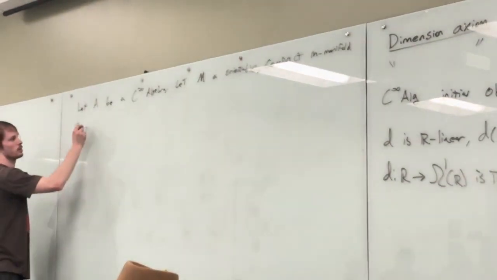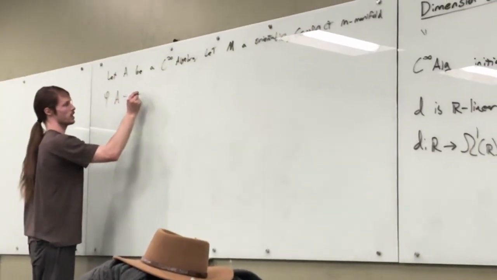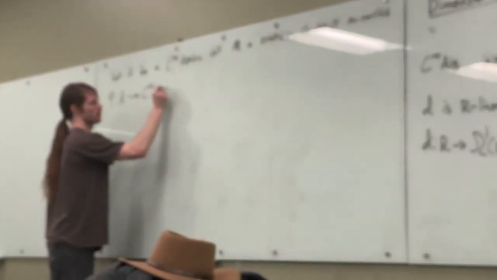Let varphi be a smooth algebra morphism from my C-infinity algebra into the smooth functions on my smooth manifold.